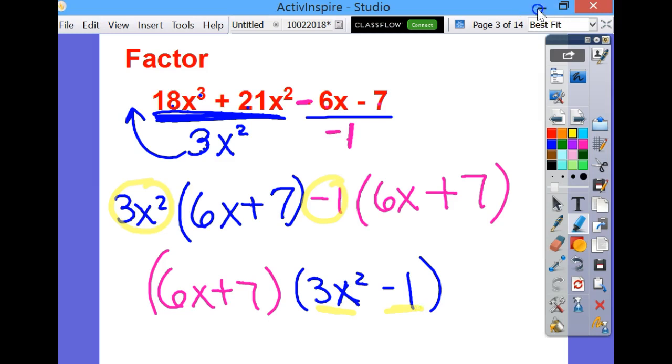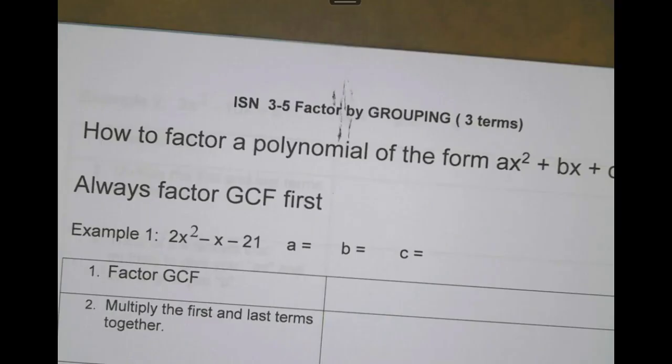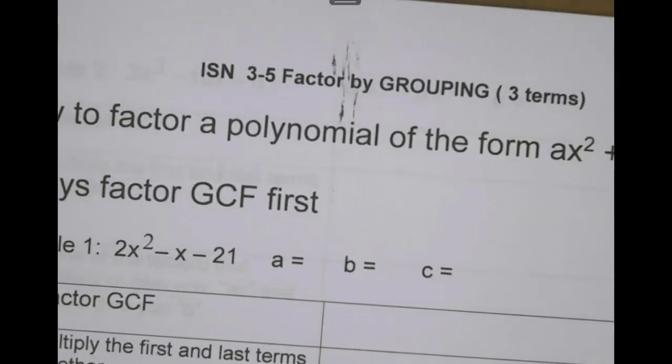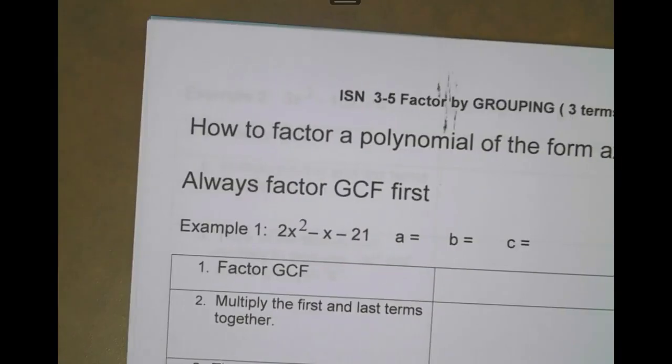Now, look at the kind of problem that we are going to work on today. Looking at this problem, how is it different from the ones that we did yesterday? 1, 2, 3 terms.